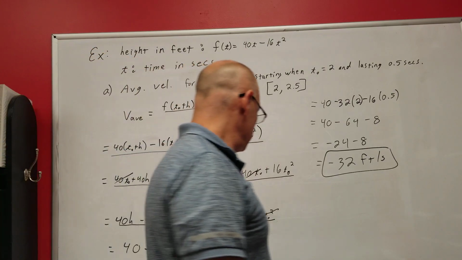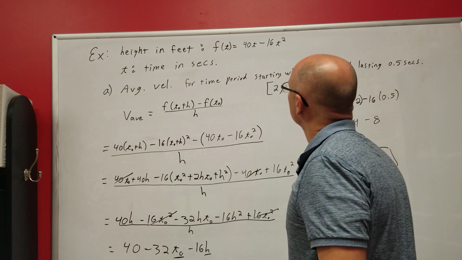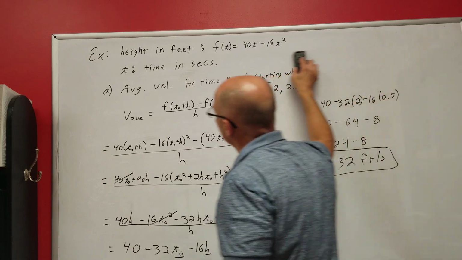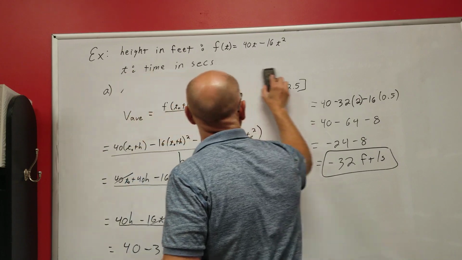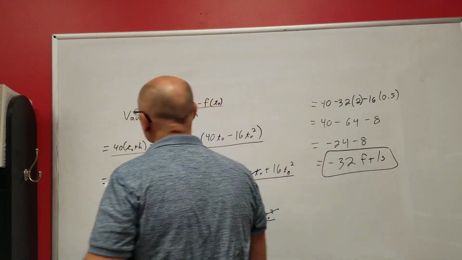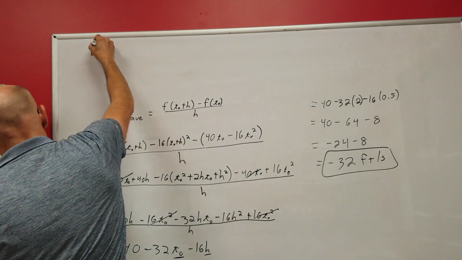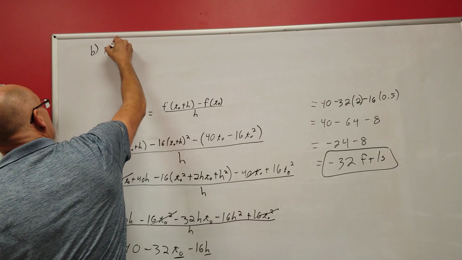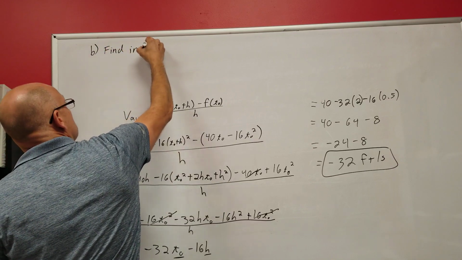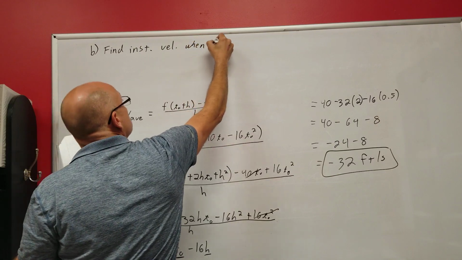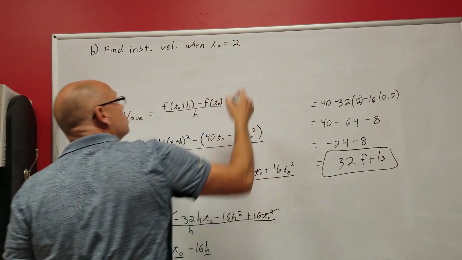Let's look at part B of this example. Let me see. I'm going to have to erase something here. Okay, if we look at part B, it wants us to find the instantaneous velocity when t naught is equal to 2.